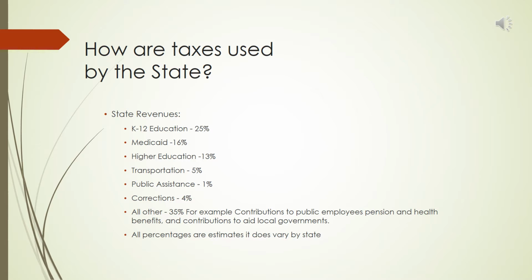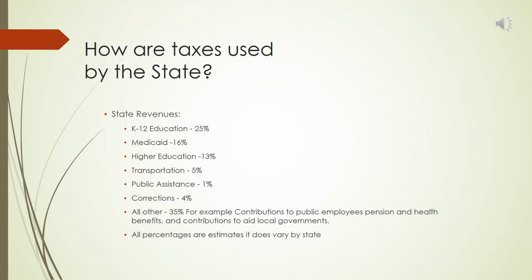How are taxes used by the state? Well, it varies based on the state that you live in. This is a general breakdown of how state revenues are spent. For instance, K through 12 education might receive 25% of taxes, while Medicaid might receive 16%.